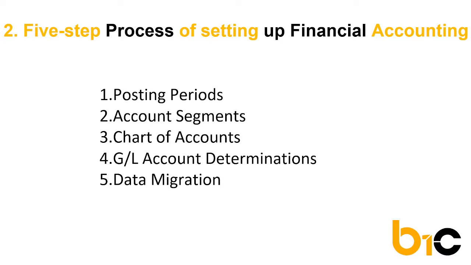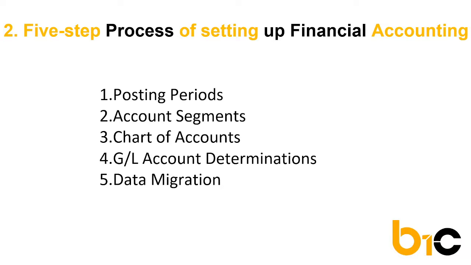You can see the 5-step process of setting up financial accounting in SAP Business One. Posting periods. Usually you start setting up your SAP Business One financial accounting by creating posting periods. Inform the system regarding how often it needs to report on accounting duties and financial results. Account segments.